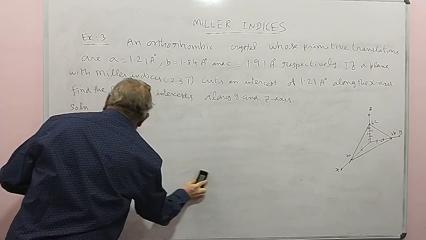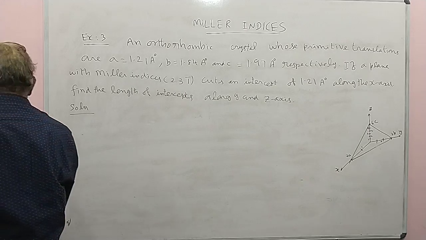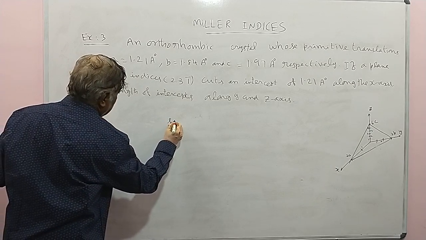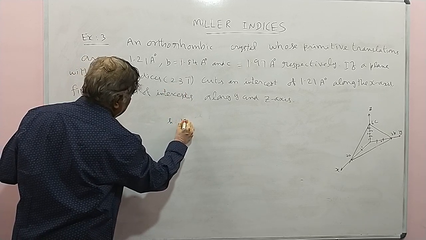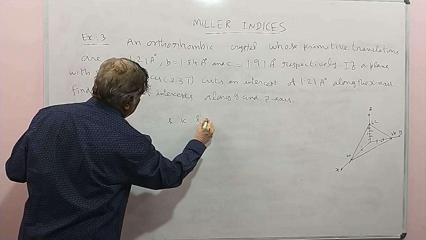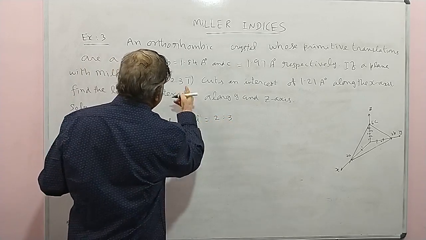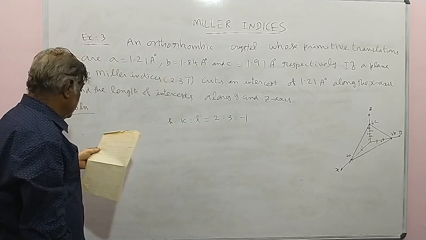Now the first step: here the HKL values are given. So let us write down the ratio of HKL, which is 2:3, and L is 1 bar, meaning -1.